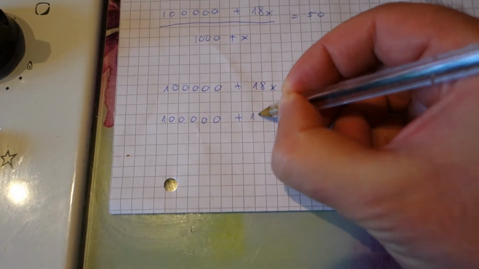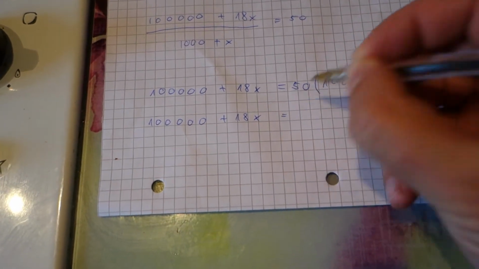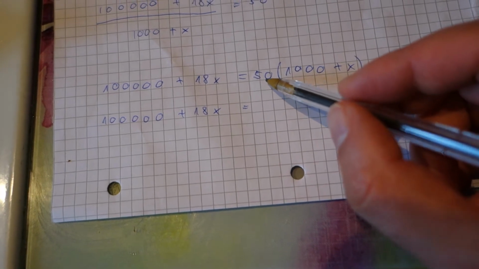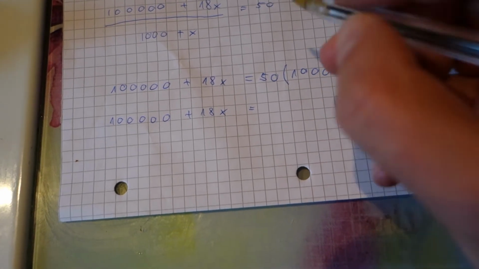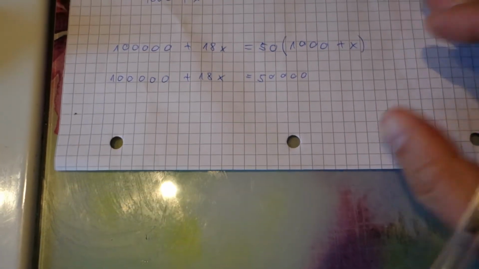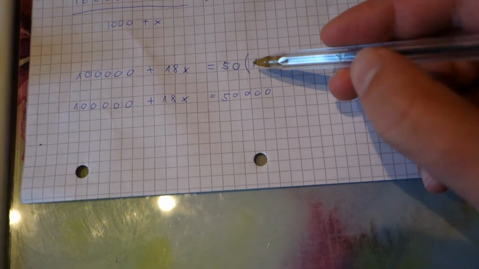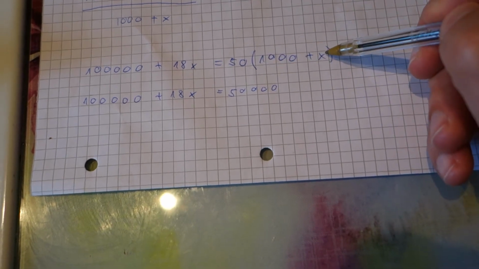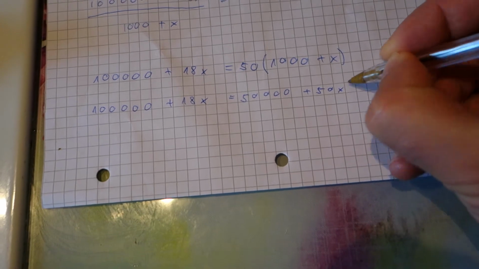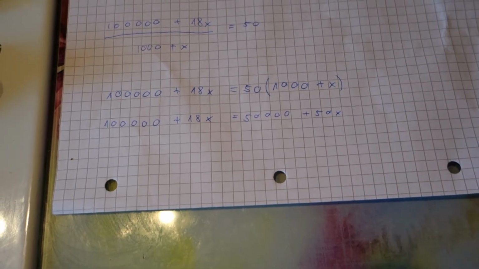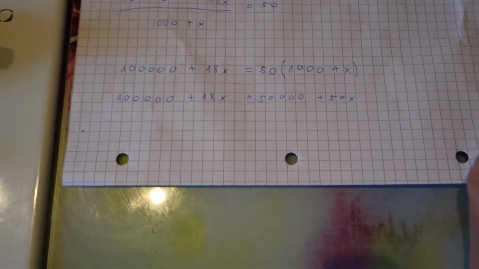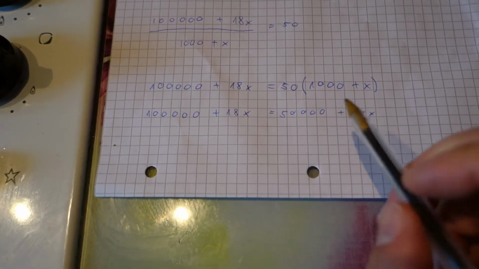Plus 18x equals, so if we multiply it out, 50 times 1000, that's 50,000. And you also have 50 multiplied by x, so you will have 50x. That's great! Excellent!